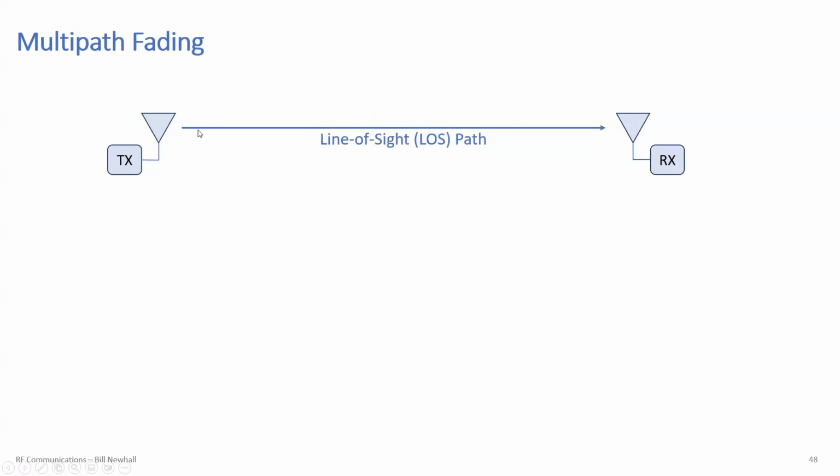You may or likely have, if the transmitter antenna is up on top of a mountain, a line of sight path. That's the primary path of propagation between the transmitter and the receiver. Or you may not if that path is blocked. But if you're in a cluttered environment with reflectors and scatterers, then you could have a multipath component.